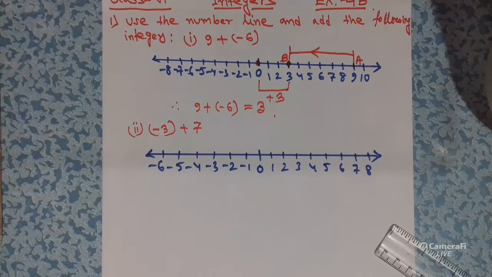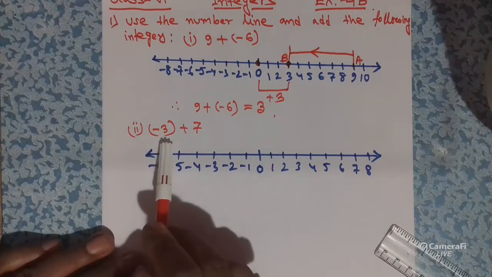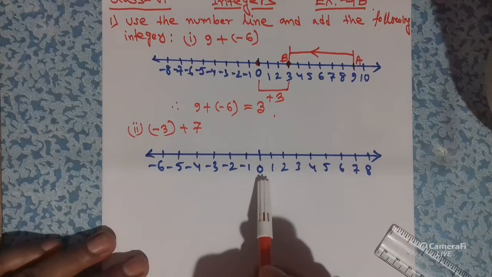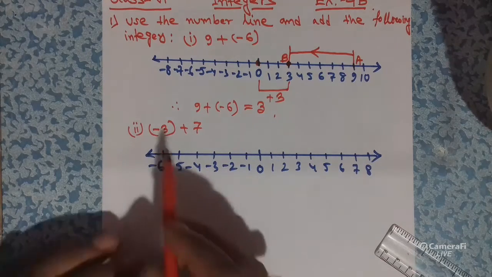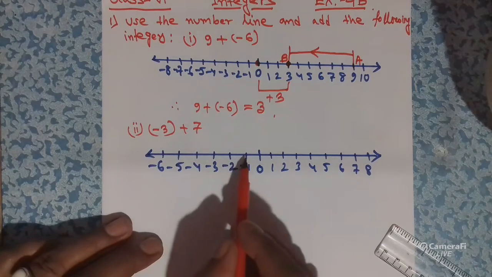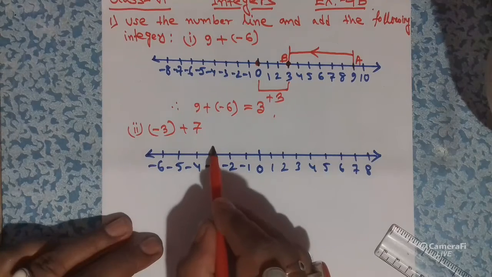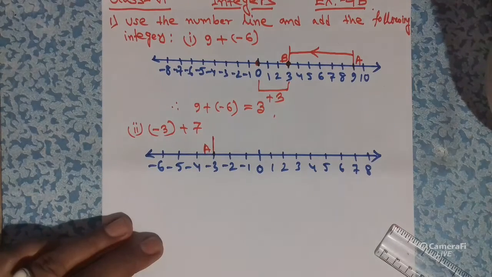Okay, so now at first you have a negative integer. This is minus 3. So 0 is the starting point, so we have to move towards left. So we have to move 3 steps towards left. So 1, 2, 3. So this is your position A.